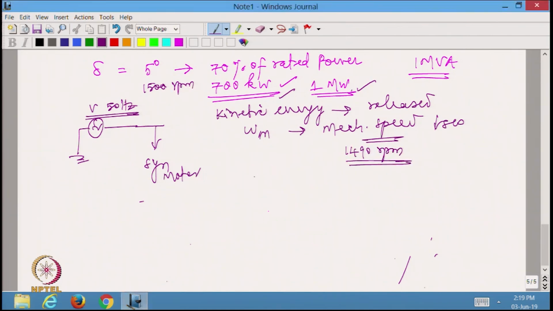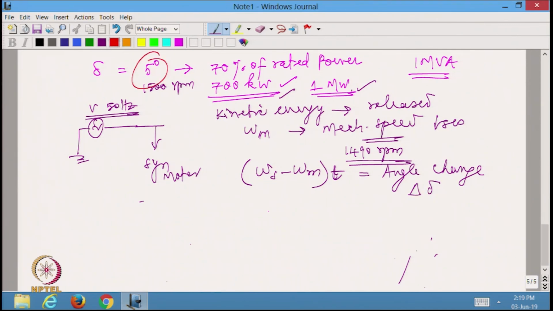Now, between omega s and omega m, there is a difference. Multiplied by t, it is going to be the angle change, or change in delta. So, delta is going to be this. What will happen is, originally my delta was 5 degrees.